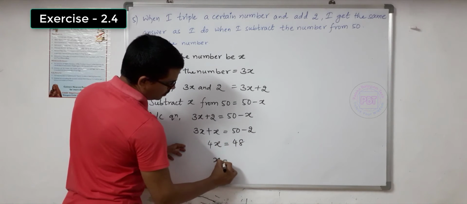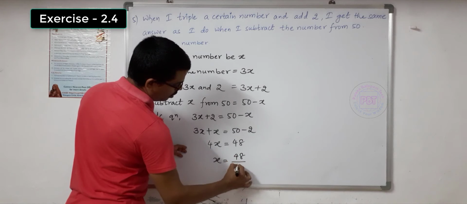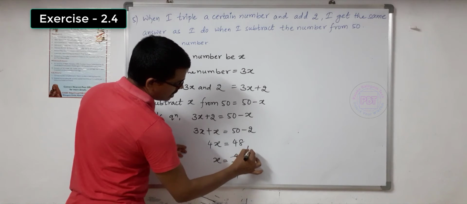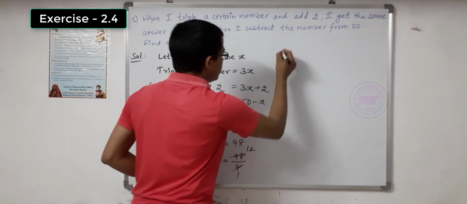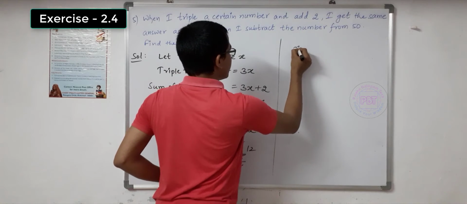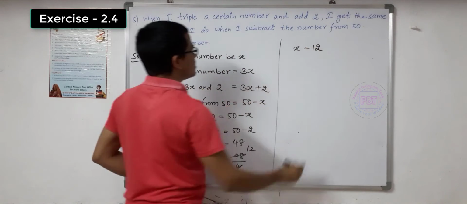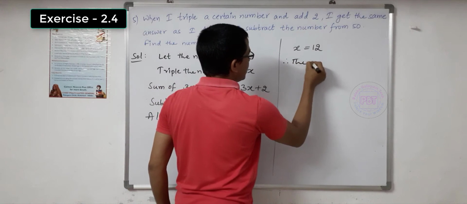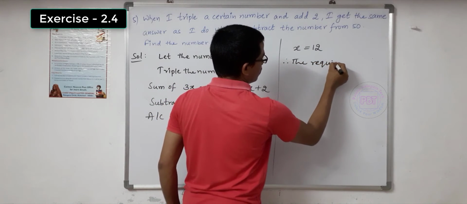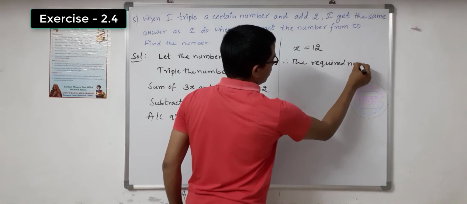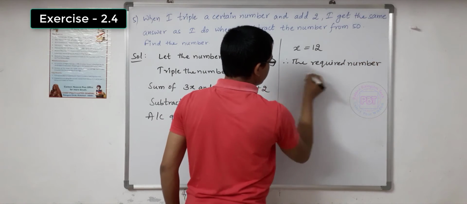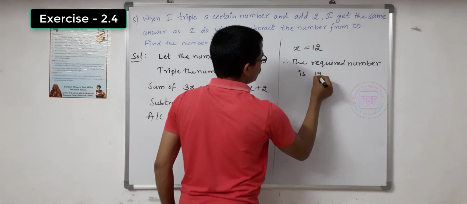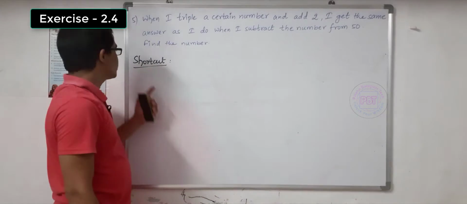So x equal to 48 by 4. 4 twos are 8. x equal to 12. x is nothing but the required number. Therefore, the required number is 12.